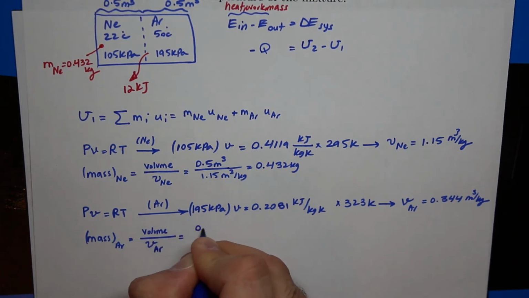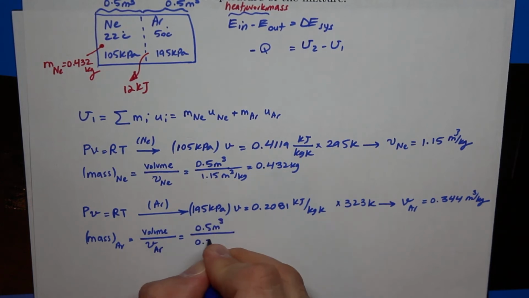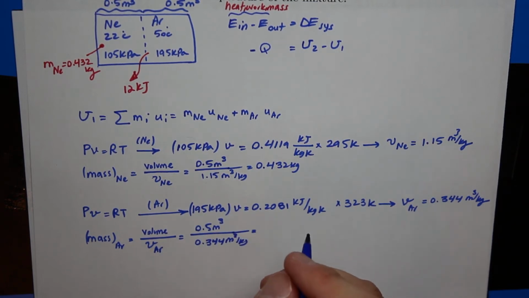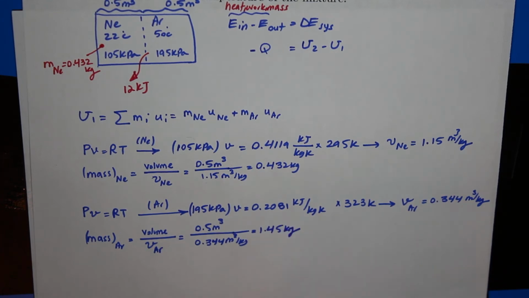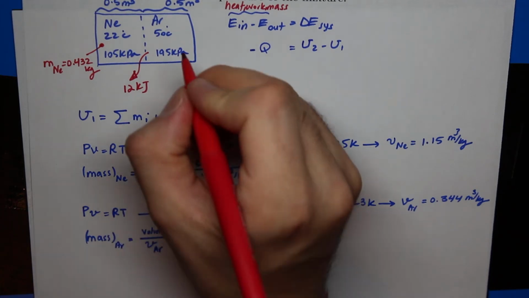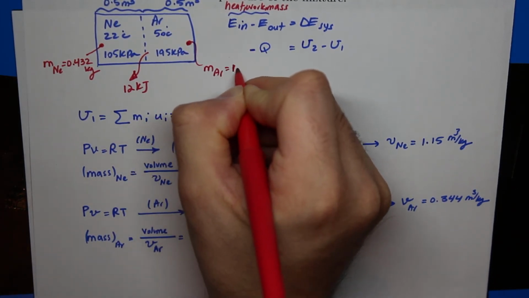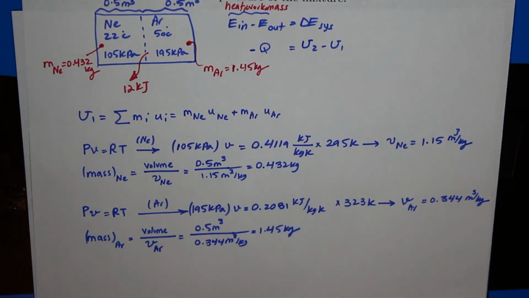So volume is equal to 0.5 meter cube, and a specific volume is 0.344 meter cube per kilogram, and that gives me mass of argon equal to 1.45 kilogram. So that means here, before the membrane breaks, I have mass of argon equal to 1.45 kilogram.